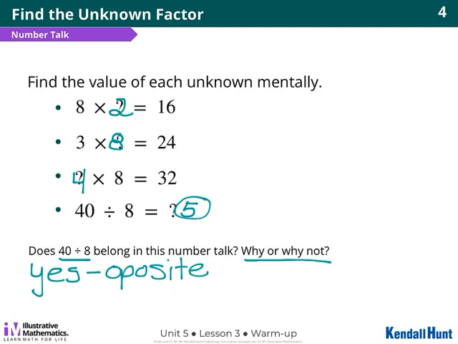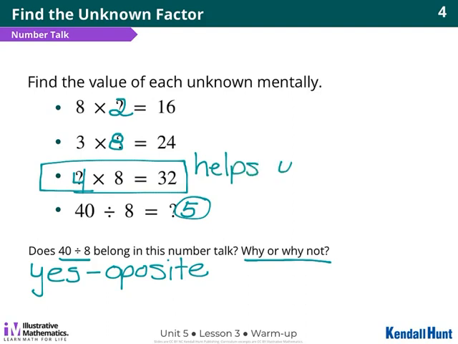What else do you think, Cade? Well, I think that it does belong because the one above it helps you with this one. How does it help you? Because if you know that 4 times 8 is 32, then you know that 32 plus 8 equals 40, and then you know that it was 5. So it's only 8 more, right?